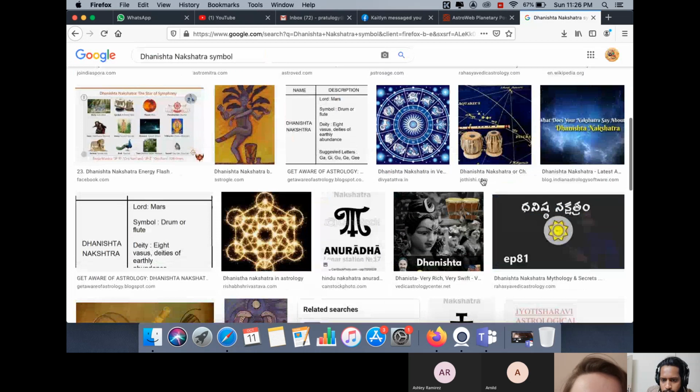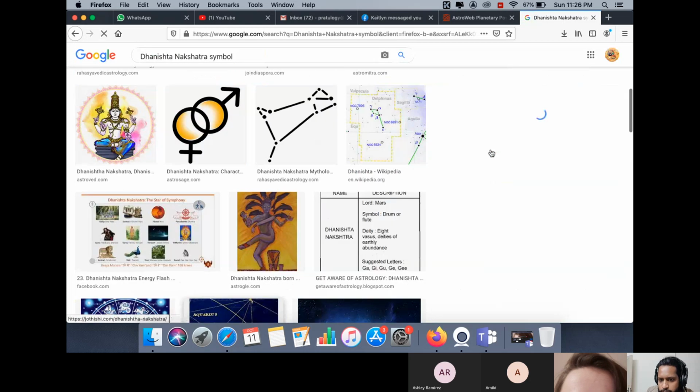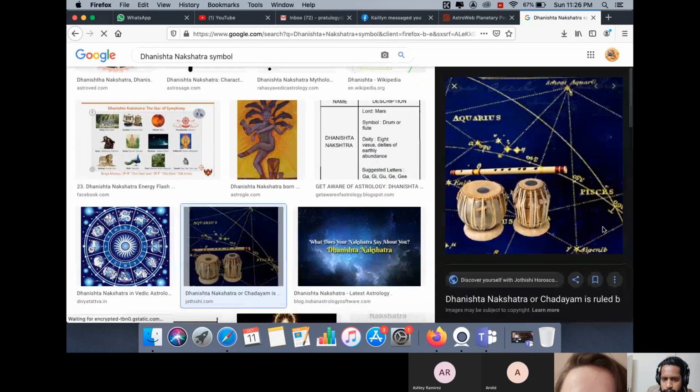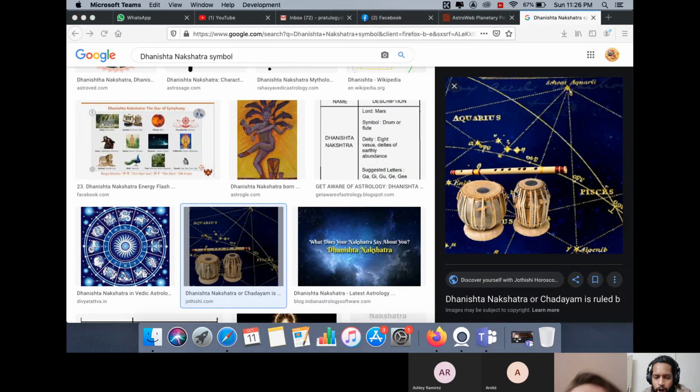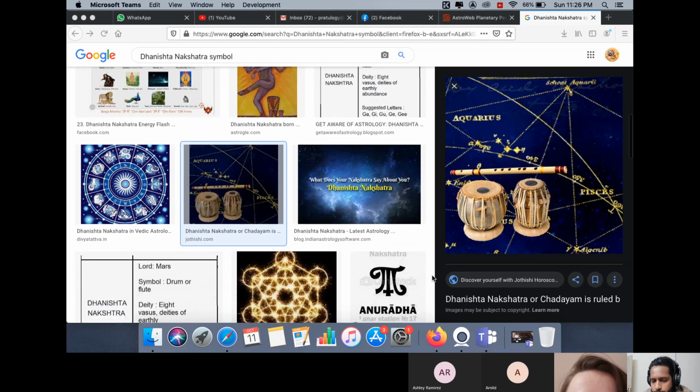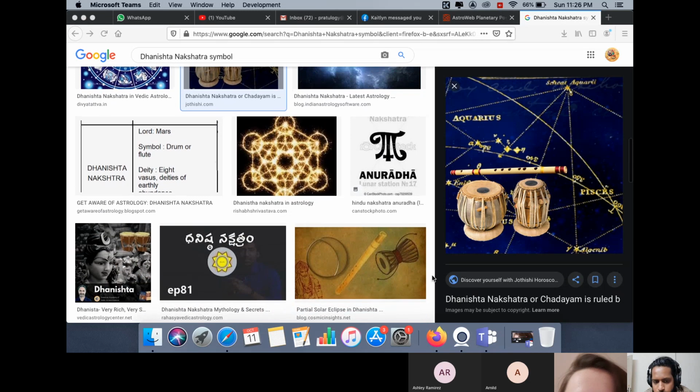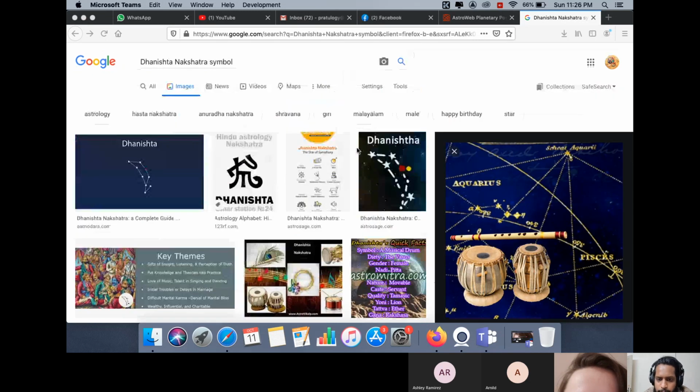Let me show you. Here you can see the flute and the percussions. Dhanishta Nakshatra always represents music, the drums, the beat. Anything musical is represented by Dhanishta Nakshatra. So what was he? A musician, a rapper.